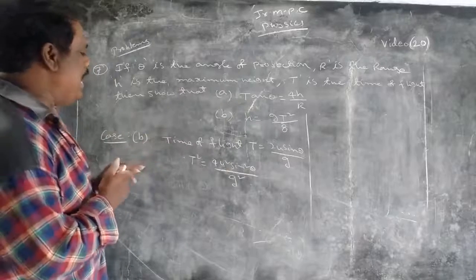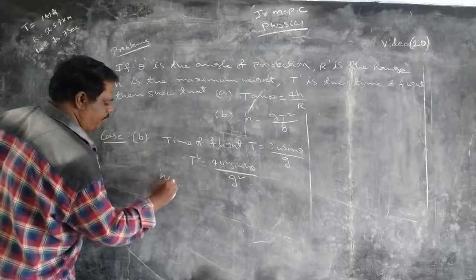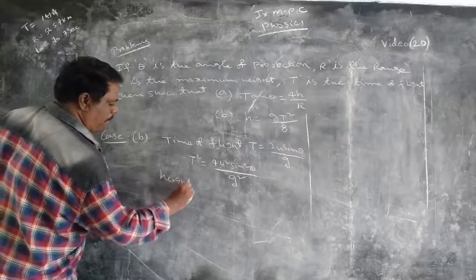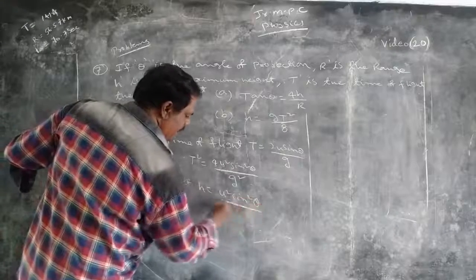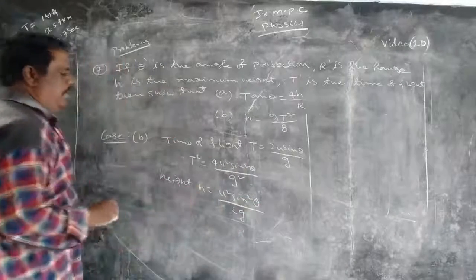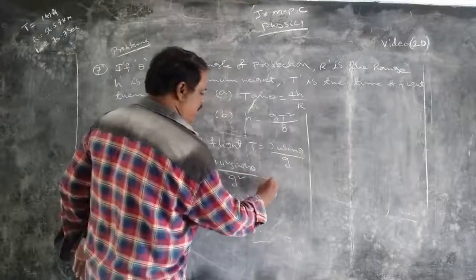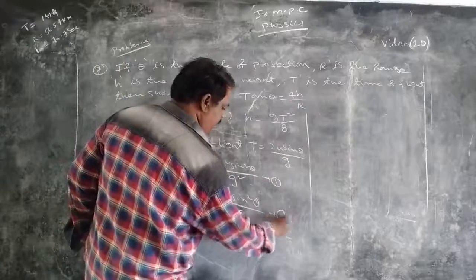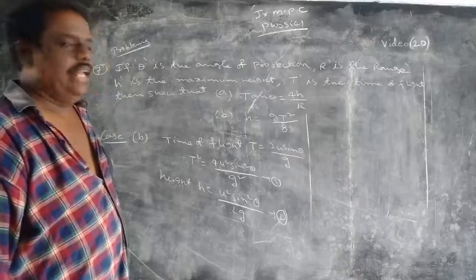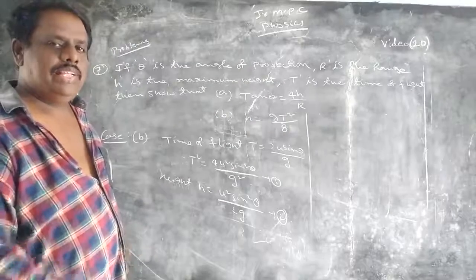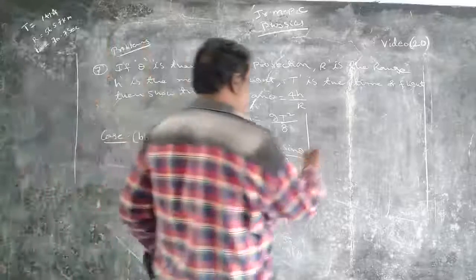Formula for height: height h is equal to u square sin square theta by 2g. Let it be equation number 1. This will be equation number 2. So we want to find the ratio of h by t square. What is that? Divide 2 with 1.